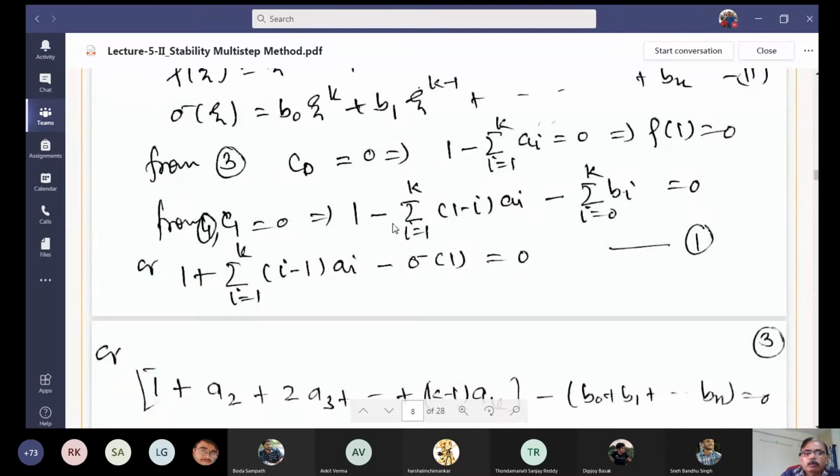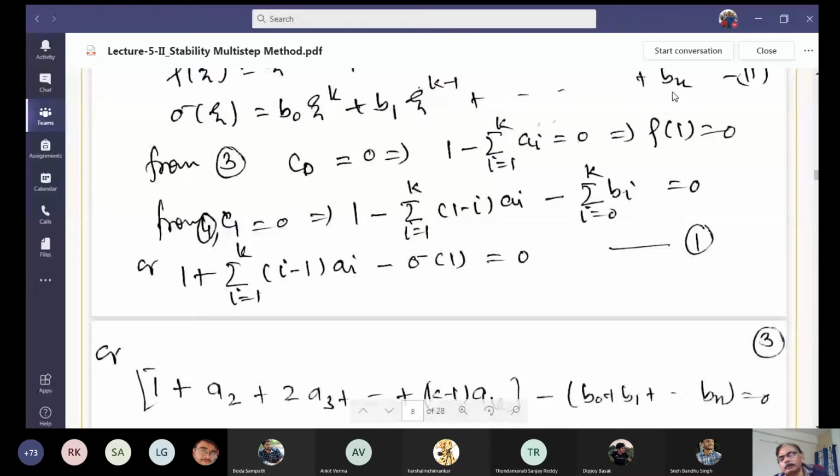C1 equal to 0 means 1 minus the summation, i running from 1 to k, of (1 minus i) ai, minus the summation, i running from 0 to k, of bi, equals 0. Now, what is sigma(1)? Sigma(1) is b0 plus b1 plus so on up to bk.